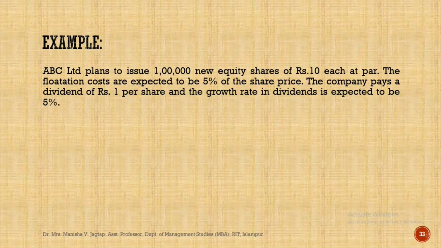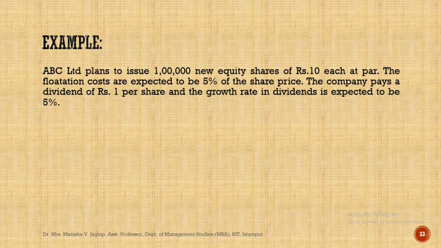The flotation costs are expected to be 5% of the share price. The company pays a dividend of rupee 1 per share, and the growth rate in dividend is expected to be 5%. So all the required information is given in this example.